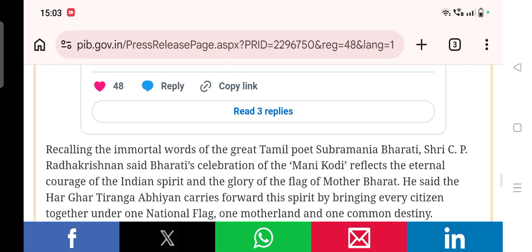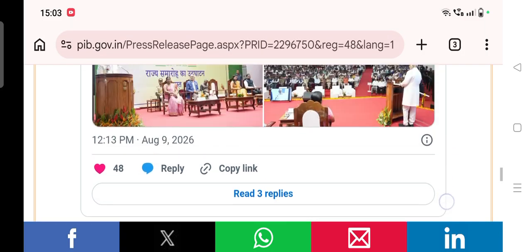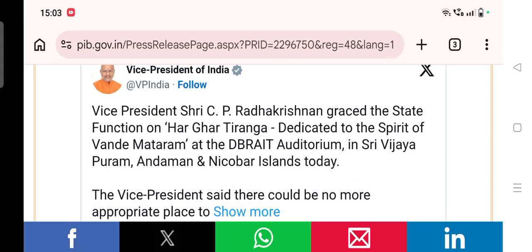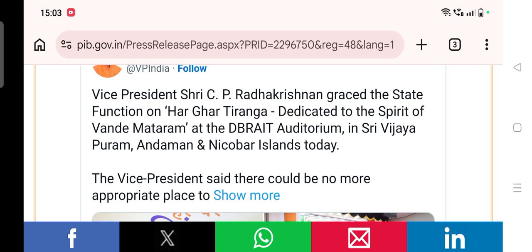Now let's go to another one. So what are the questions you got from this PIB news? First one is, what is Har Ghar Tiranga? That means taking the tricolor flag to our home. Then Vijayapuram. Vijayapuram is the new name of the capital city of Andaman Nicobar Islands.